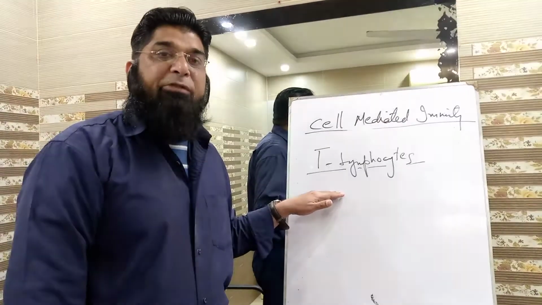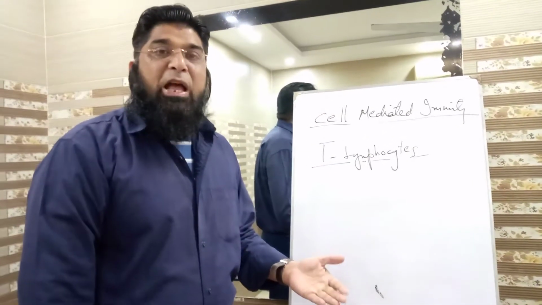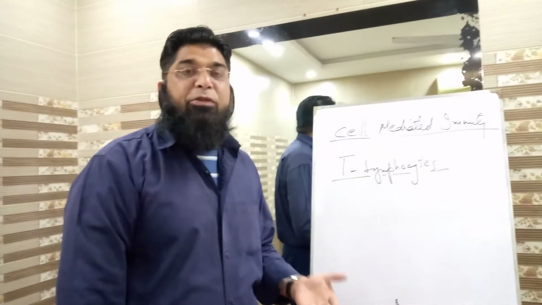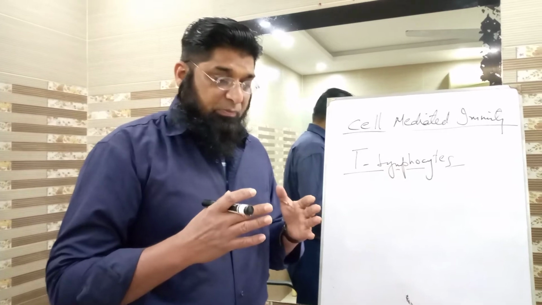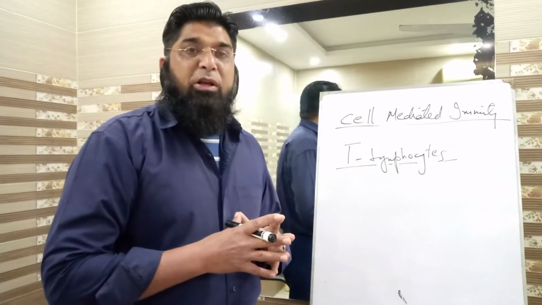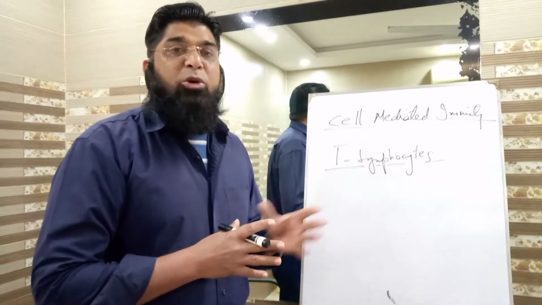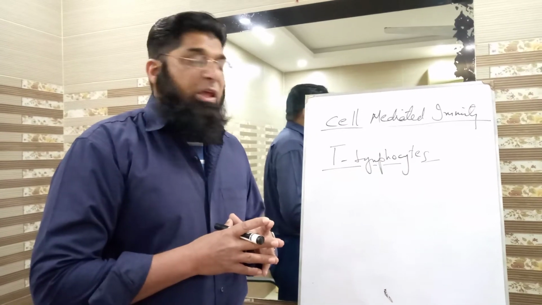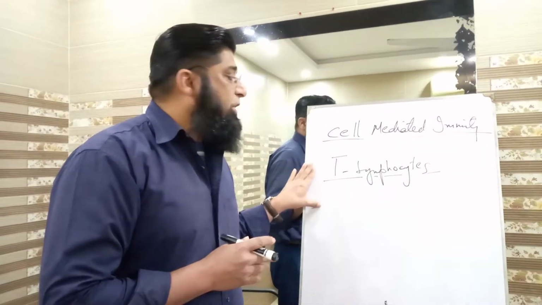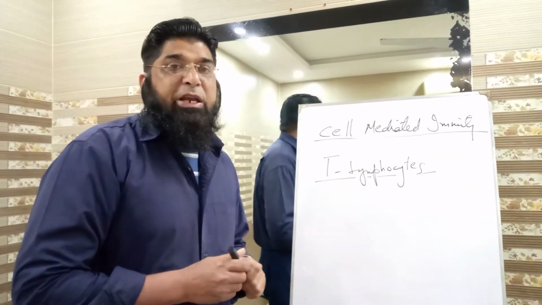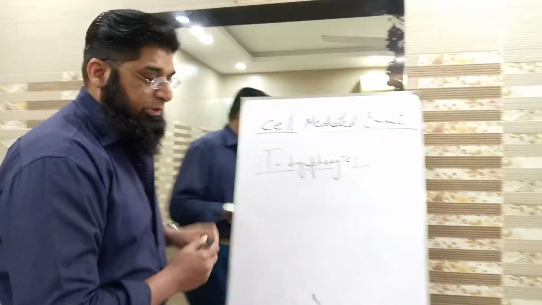After becoming activated, T lymphocytes again produce different types of cytokines. These may be different types of interleukins, and on the basis of these interleukin productions, we can divide the function of T lymphocytes into two components, students.